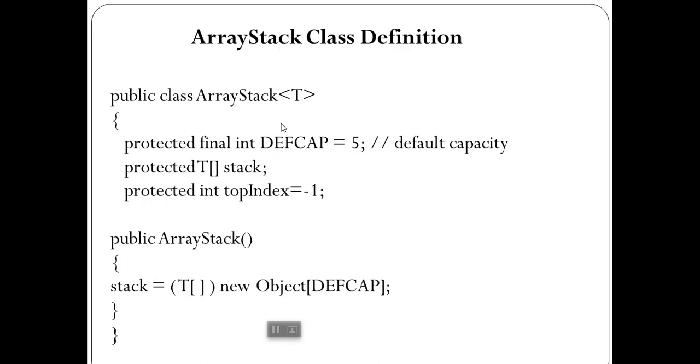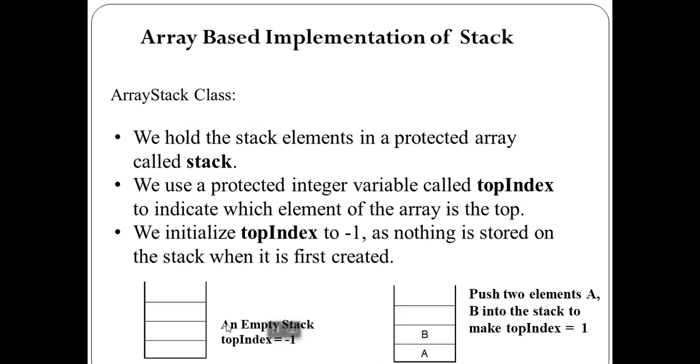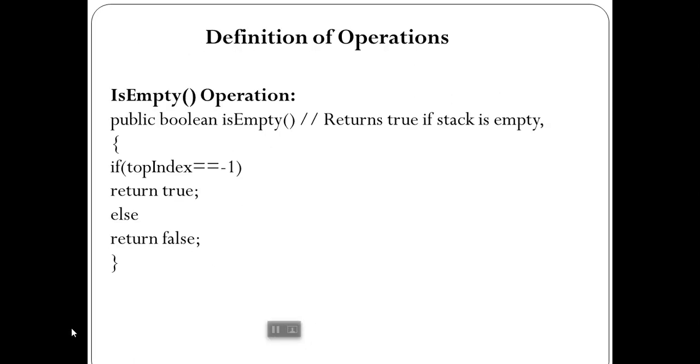If you go back to the previous slide, if top index is -1, we can say that the stack is empty. So if top index equals -1, return true, indicating the stack is empty, else return false. Very simple. You have to return true.